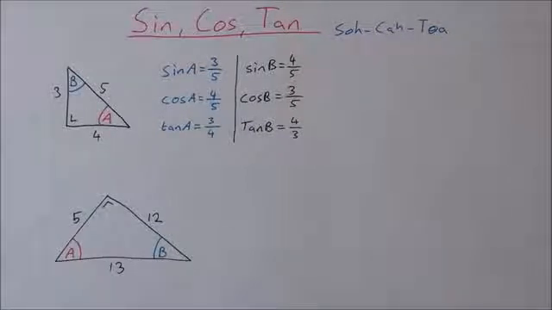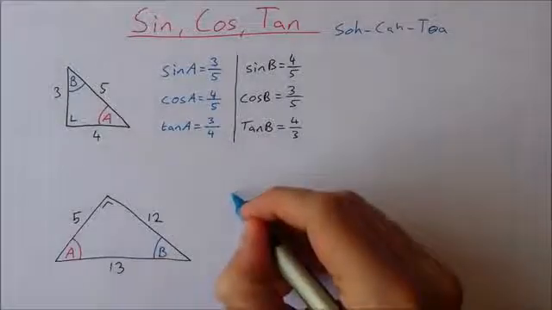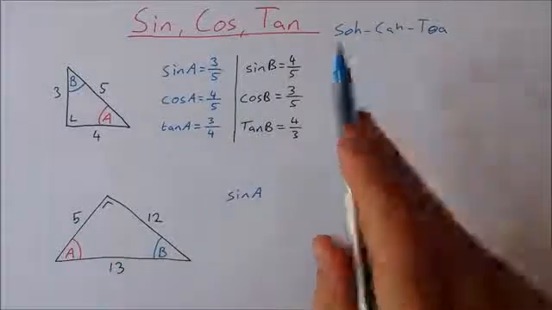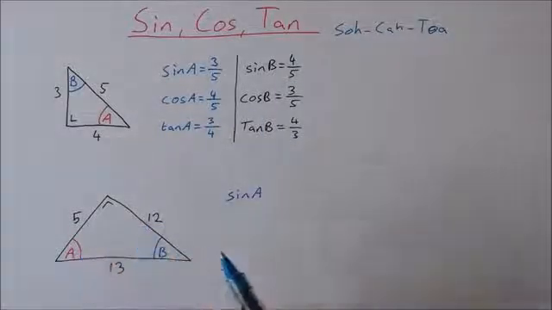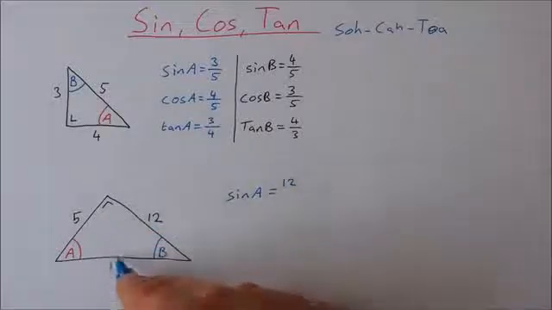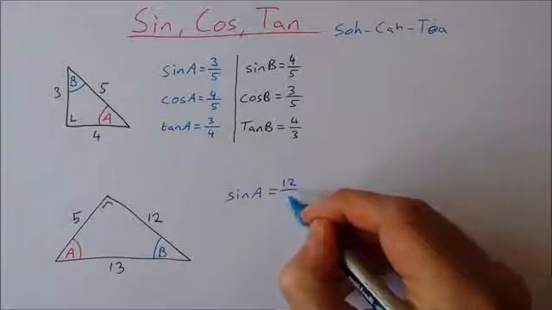Okay, let's move on to our second triangle. So I'm going to calculate the sine, cos and tan of A. So sine A. Opposite over hypotenuse. Opposite is 12. Hypotenuse is 13. It's across from the right angle.